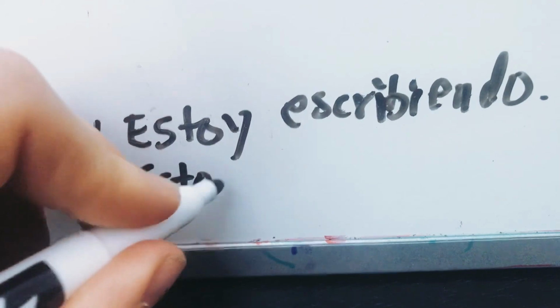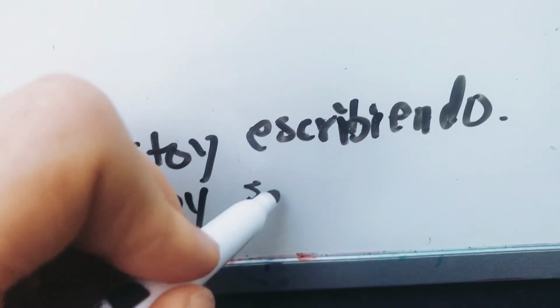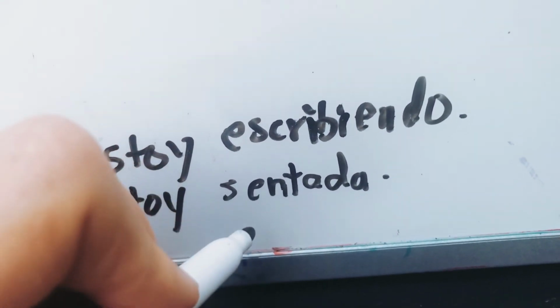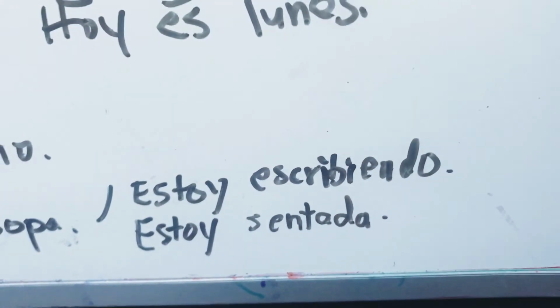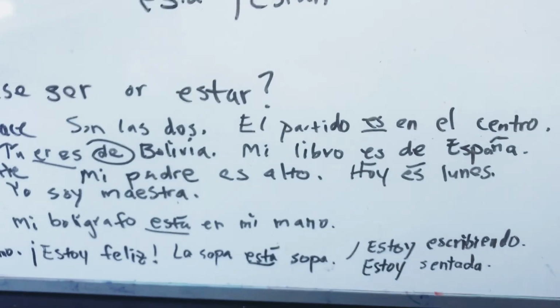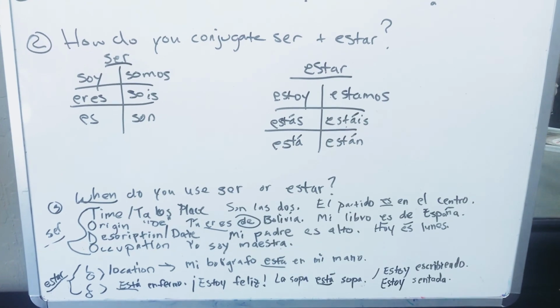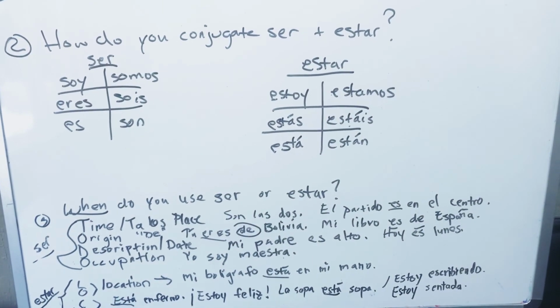Estoy, in my case, sentada. Estoy sentada. And the opposite being estoy de pie. All right. Well done. You made it this far. And there it is, the recap of SER and ESTAR.